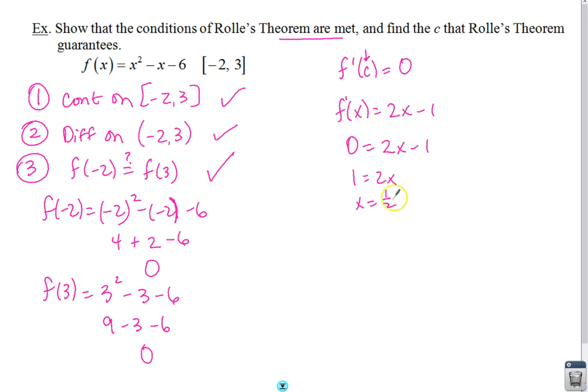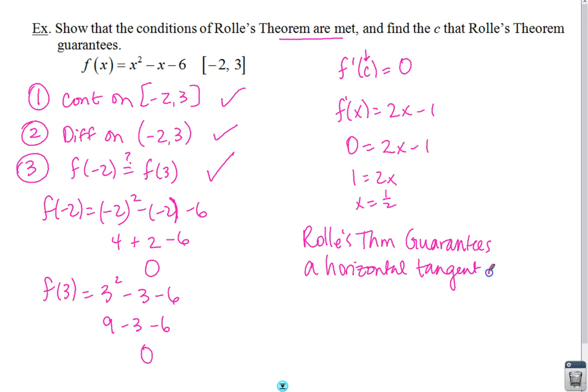If I plug in 1/2 right here, I'm going to get a 0. Okay, so Rolle's theorem guarantees a horizontal tangent at x equals 1/2. Okay?